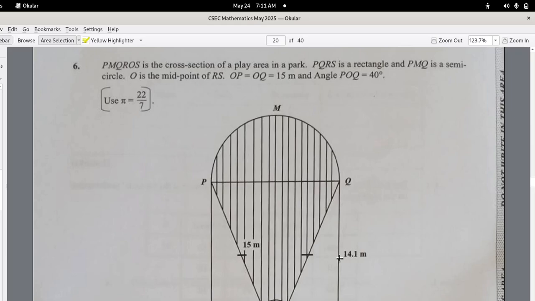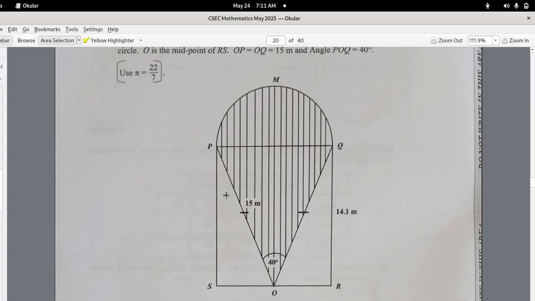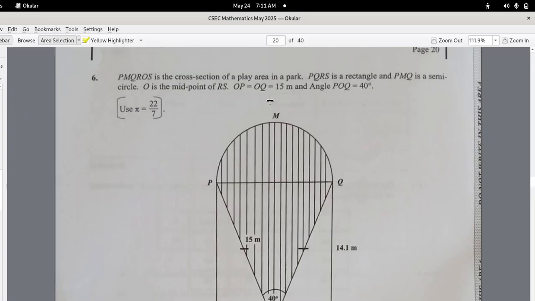CSEC Mathematics, May 2025. We are at question 6. PMQROS. That's the entire shape here.